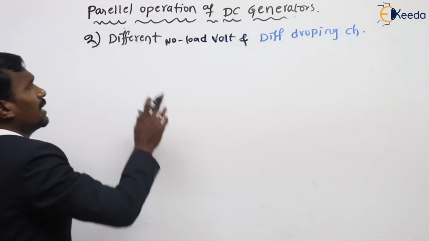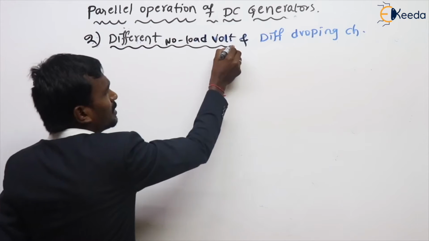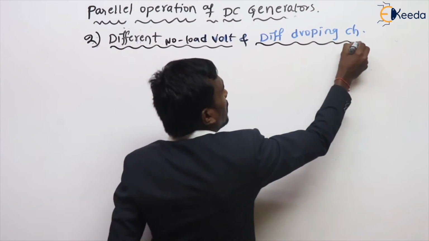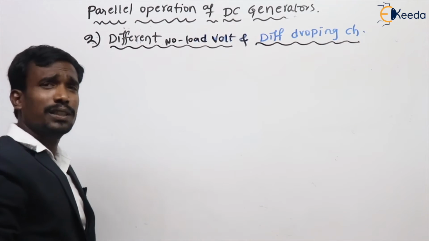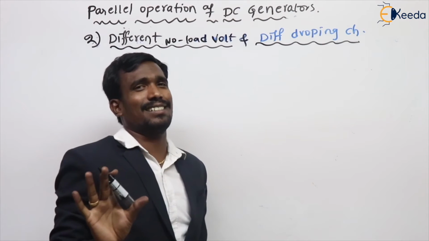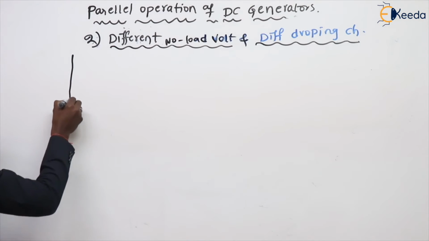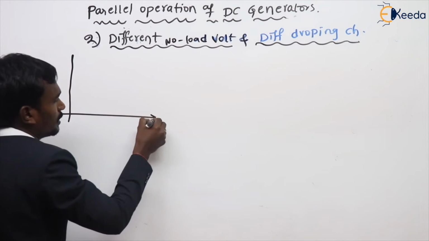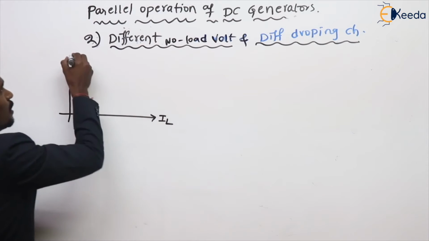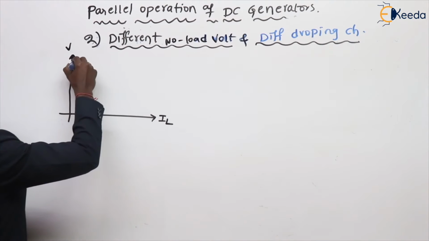Right? So now the second condition is different no load voltages and different drooping characteristics. What is that? Different no load voltages and different drooping characteristics. Okay, let's see how it is. For example, see clearly, this is the line current, this is the voltage, with different no load voltages.